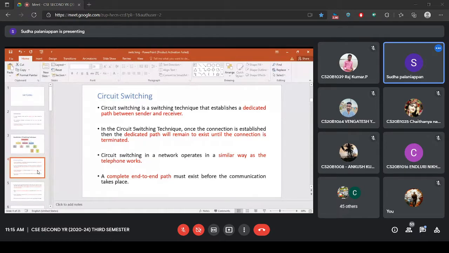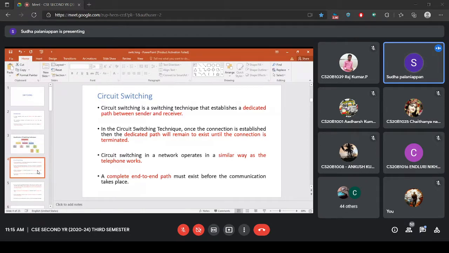Once the dedicated path is established, we can transfer the data, so that the messages can be transferred along that path. The path is not terminated until we disconnect.